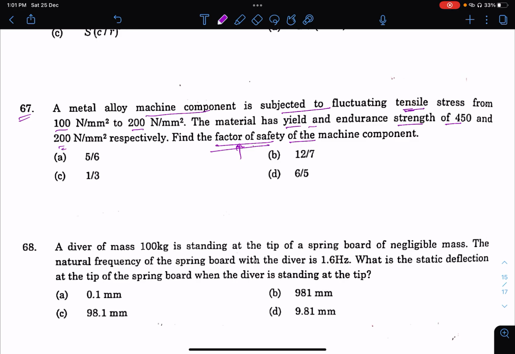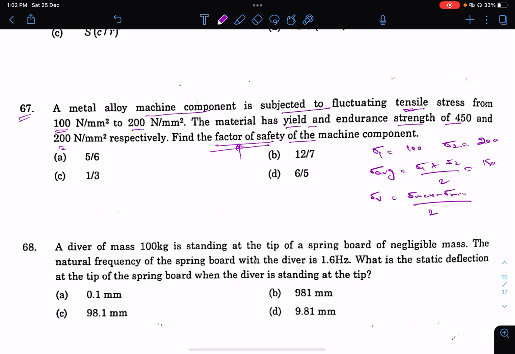So we will use the Soderberg equation, and here the stress sigma 1 is equal to 100, sigma 2 is 200. So sigma average will be sigma 1 plus sigma 2 divided by 2, so that will come out to be 150. Similarly, sigma variable is equal to sigma max minus sigma minimum divided by 2, so that will come out to be 50.